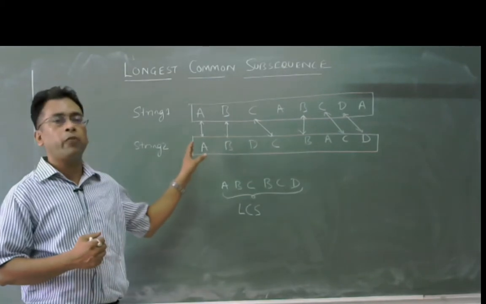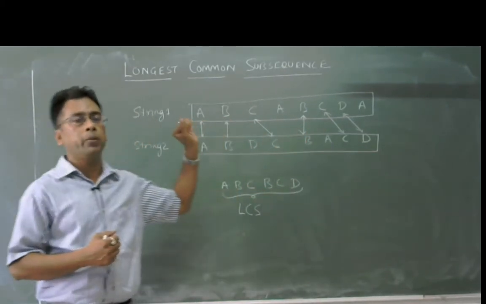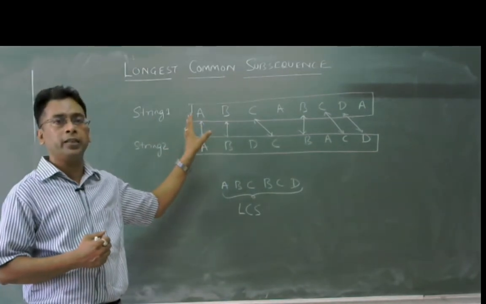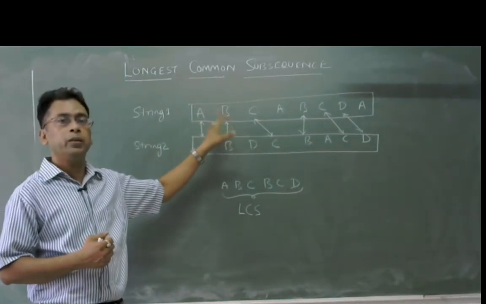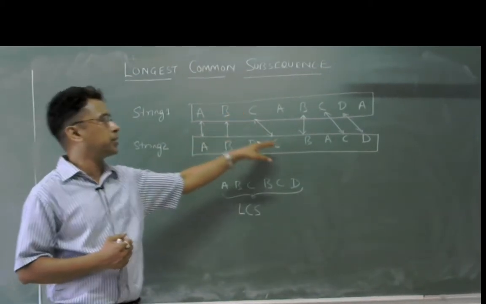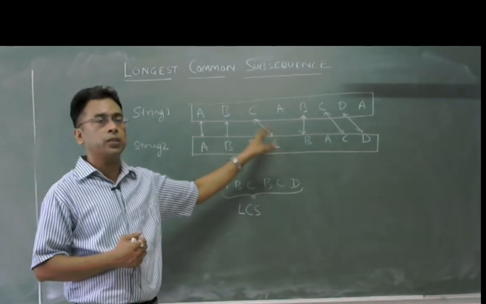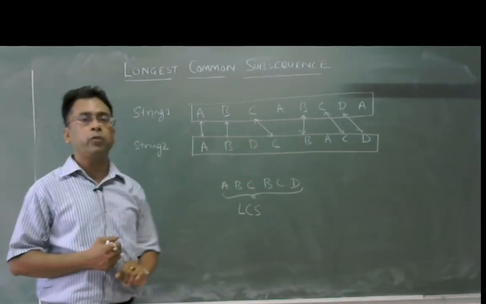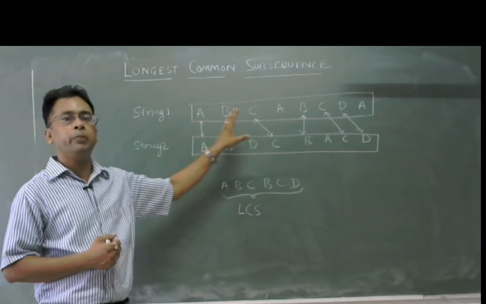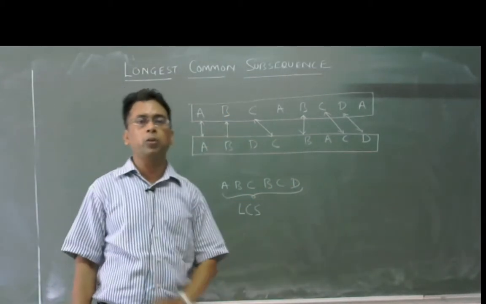So in this way we find out how many genes are common in between, where we do not consider that the matching portion should come at the same corresponding position. If the same alphabet or same gene occurs at a different position, then it may be considered as a match. So here this is the longest common subsequence.